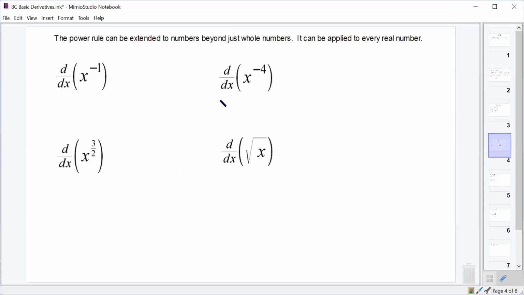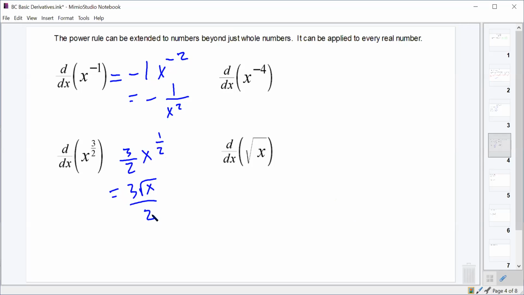We know that it can be applied beyond just whole numbers. Any real number this can be used for. So x to the negative 1 should become negative 1 x to the negative 2, or as we saw before, negative 1 over x squared. X to the 3 halves should become 3 halves x to the 1 half, or 3 root x over 2.